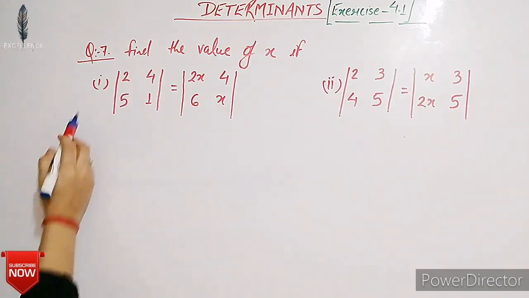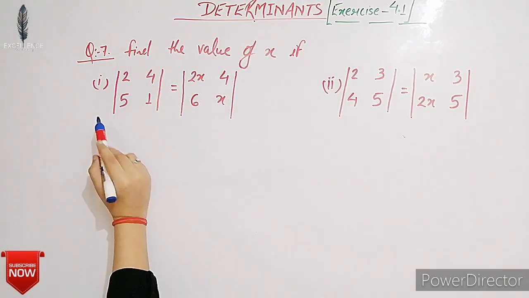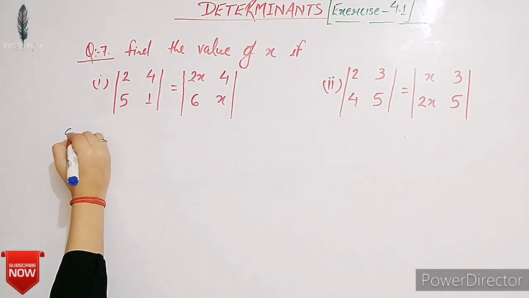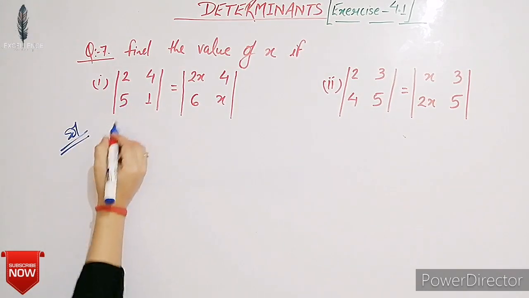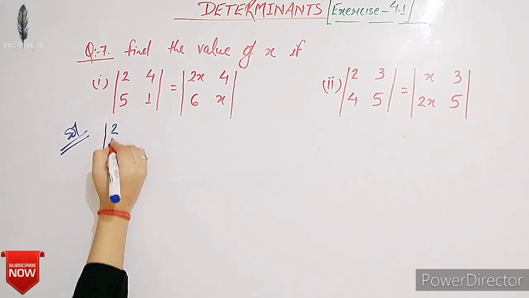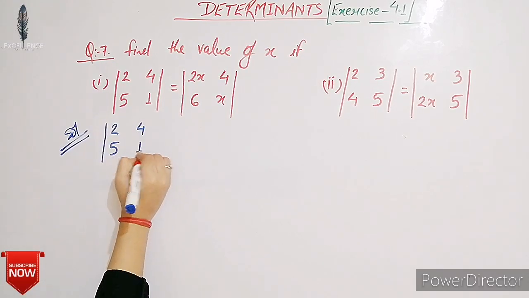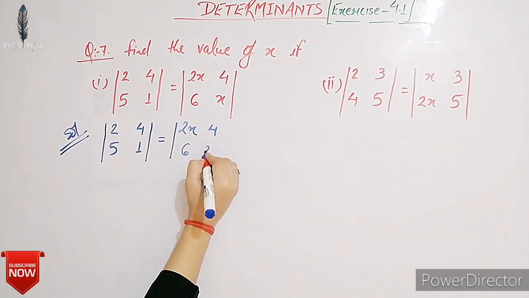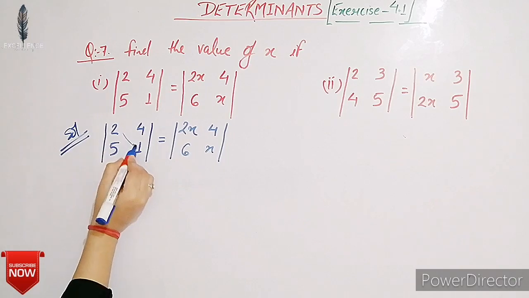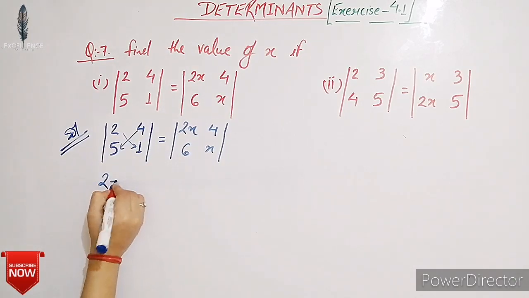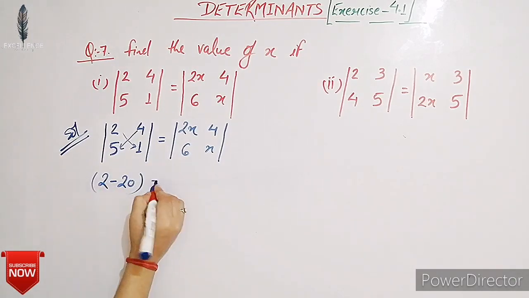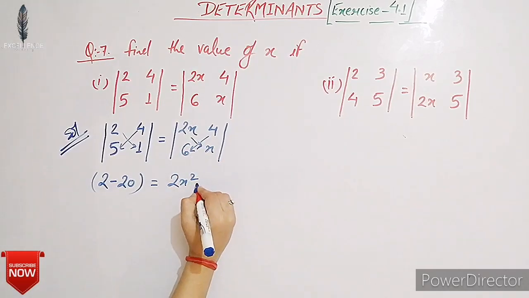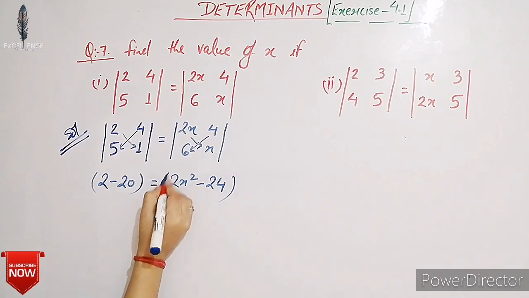Let's see the next, question number 7. Here we have to find the values of x if these conditions are given. In the first part, these two determinants are equal. So 2, 5, 4, 1 is equal to 2x, 4, 6, x. First evaluate these determinants. First we get 2 minus 20 is equal to 2x square minus 4 into 6, that is 24.